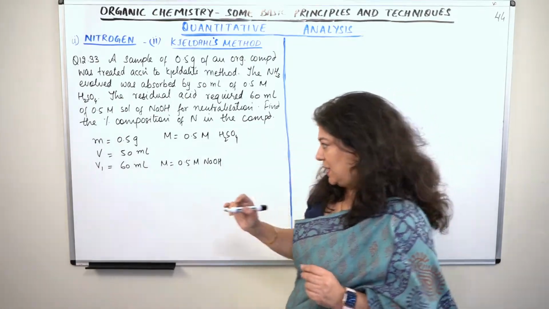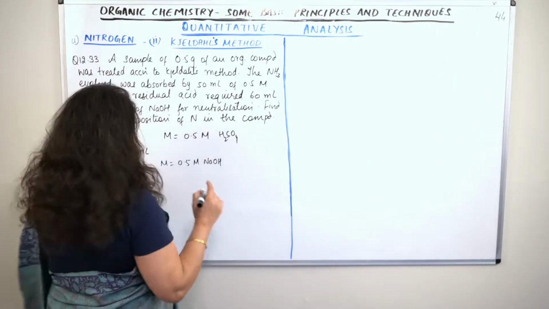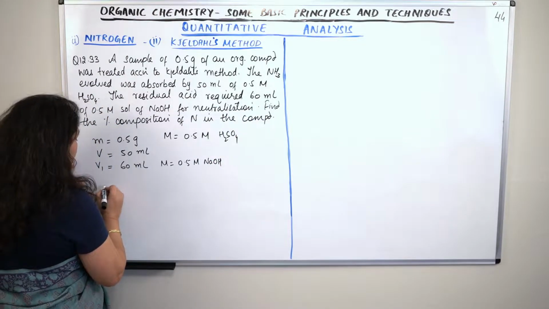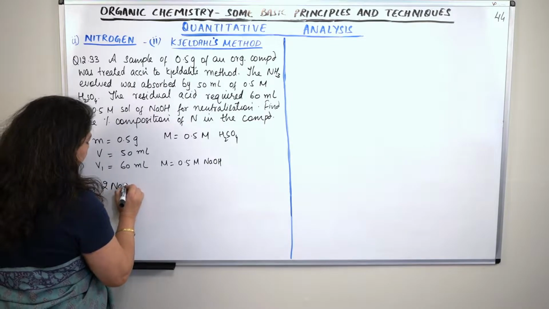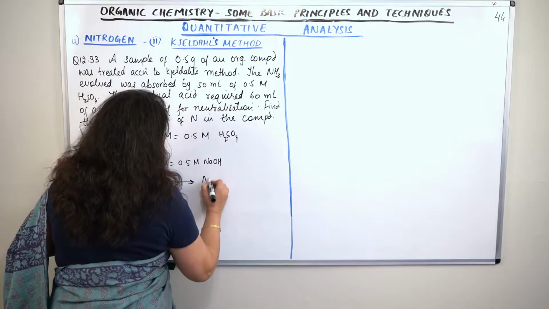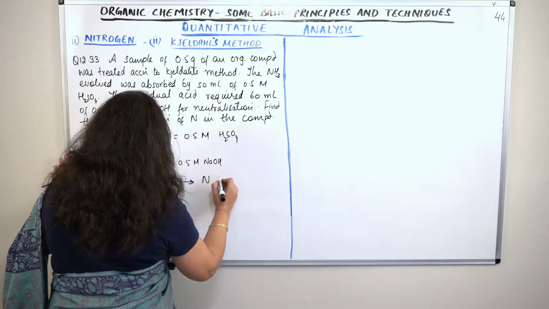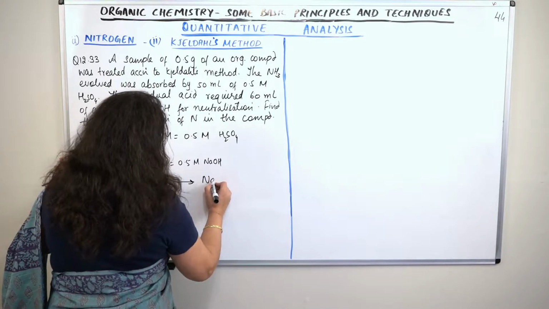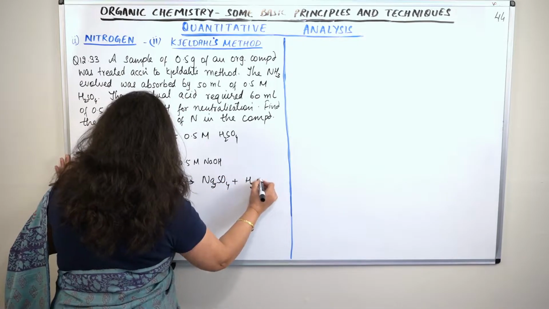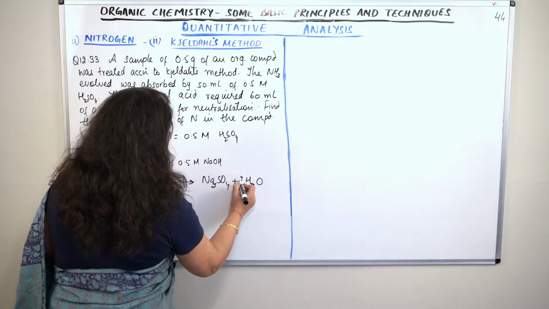What are the reactions taking place here? The last reaction is between sodium hydroxide and sulfuric acid, where the neutralization of the 60 ml takes place. So we'll say 2NaOH plus H2SO4 gives Na2SO4, sodium sulfate, plus 2H2O.